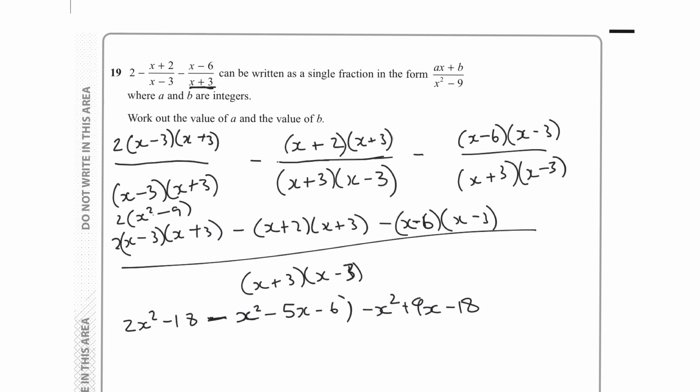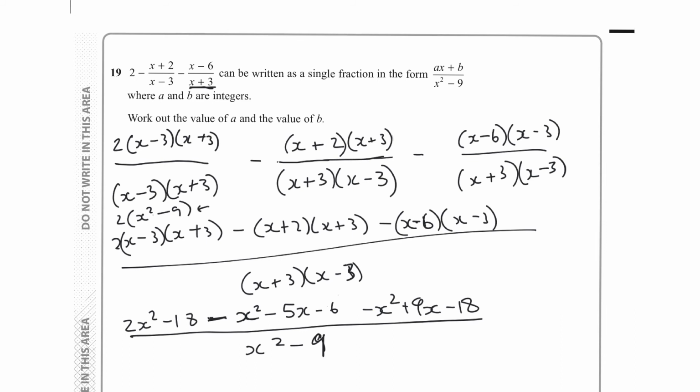And that is all over x plus 3 times x minus 3, which if we expand those brackets, you would again get x squared minus 9, like we worked out up here.